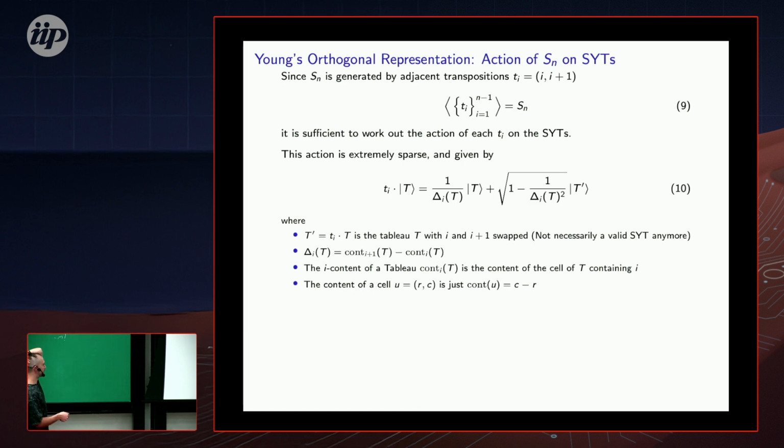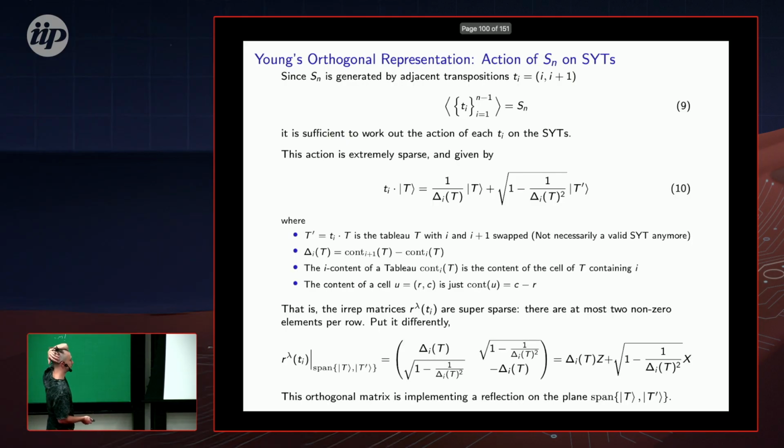You can take your time to understand exactly how T prime is built and how these distances are built. Never mind. The important point is that every basis element is mapped to at most two other basis elements, itself and another one. Potentially not. This may be zero whenever T prime is not a valid tableau.